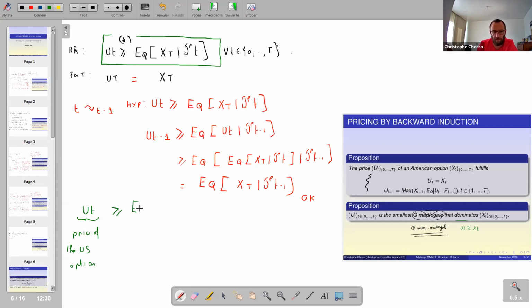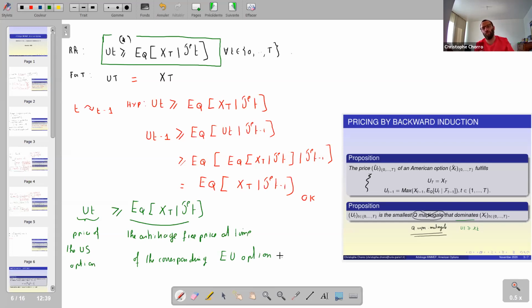In fact, this one is just the arbitrage free price at time t of the corresponding European option.